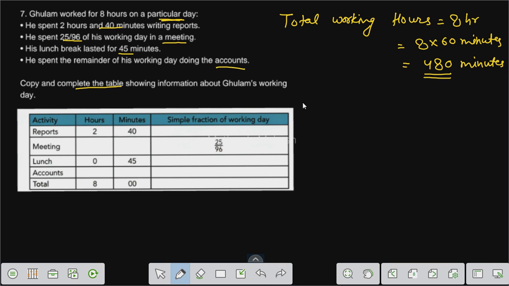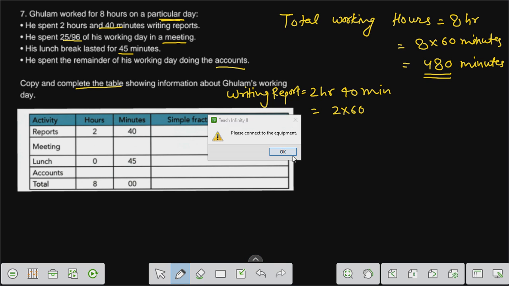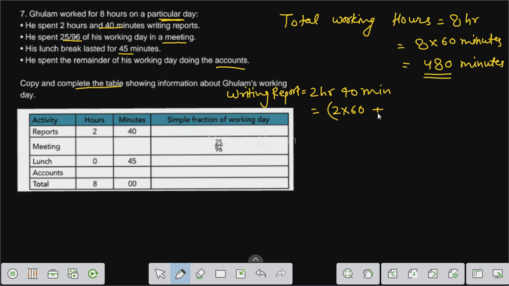It means 2 into 60 plus 40 minutes. 120 plus 40, which is 160 minutes.